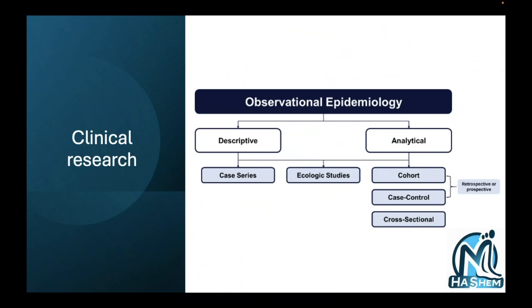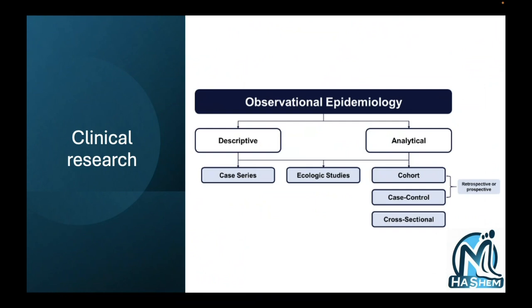Cohort study, so basically, in the cohort study, you have a result and you go and assess the input. Take the example of lung cancer. Cohort means group of patients.